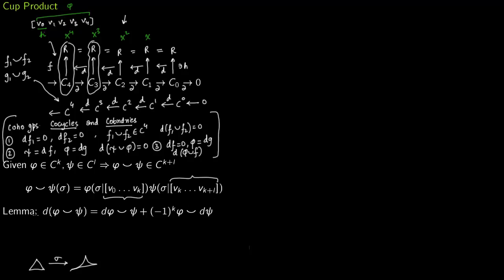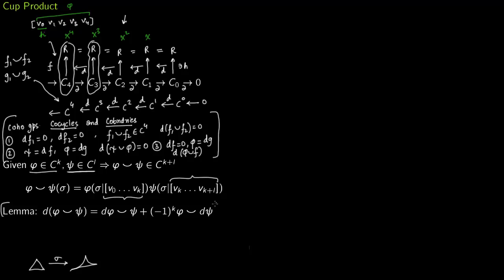Now the lemma, which we will prove later on, tells us that d of this cup product is d of varphi cup psi, plus or minus 1 to the power of k, varphi cup d of psi, where varphi lies in Ck and psi lies in Cl.